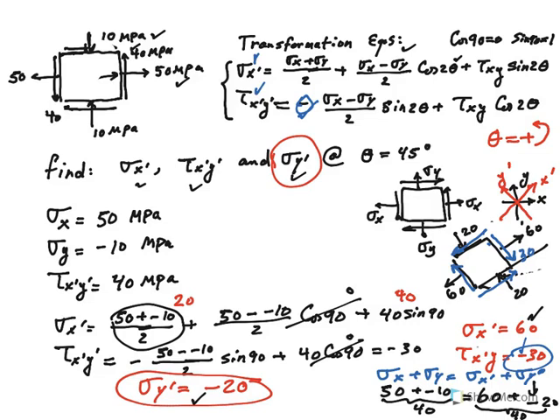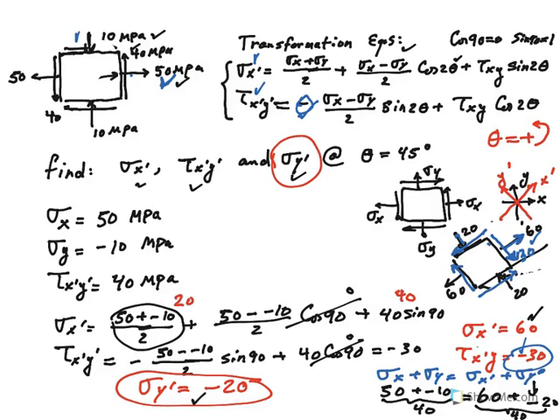And you already see we had a 50 here on this plane, but when we went to a different plane, we got 60. So that was an improvement. Even our 10 became 20. But then our shear stresses got smaller, actually. It became 30. So the question is, at what angle do I get the maximum sigmas?